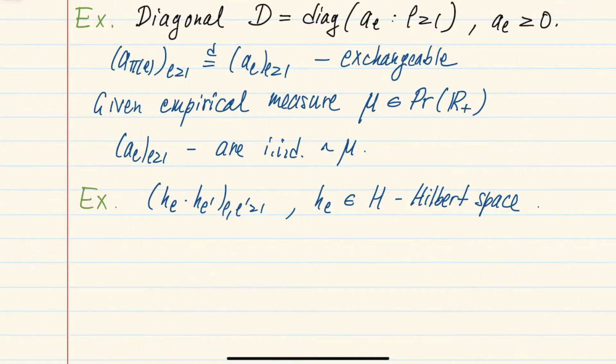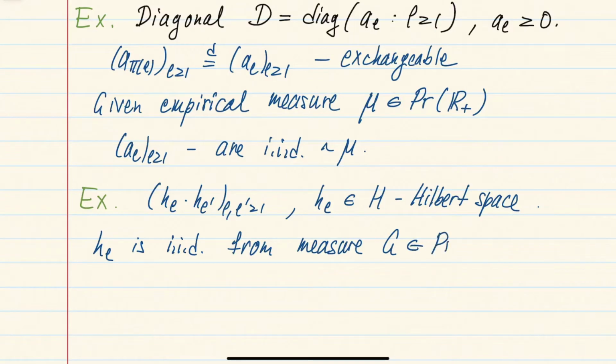To ensure weak exchangeability, one way you can do this is just to assume that this sequence h_l is IID from some probability measure, let's call it G, on this Hilbert space H. So if this is just a fixed probability measure, you can see that permuting rows and columns here corresponds to permuting this IID sequence, and of course we get the same array in distribution.